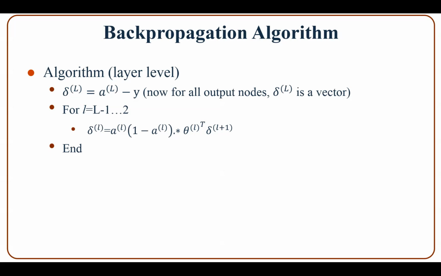So from there we get to the backpropagation algorithm, and this is at the layer level. We first measure the error made at the output layer for all the output nodes.